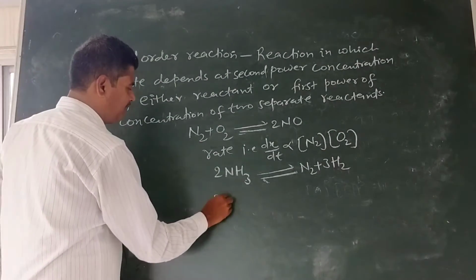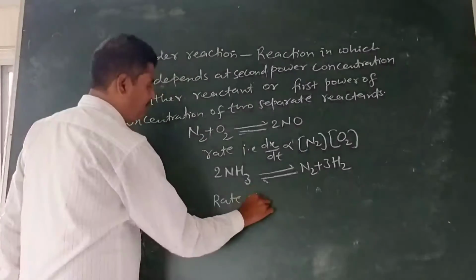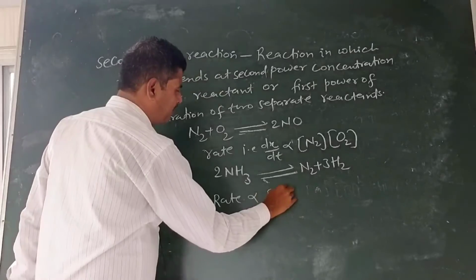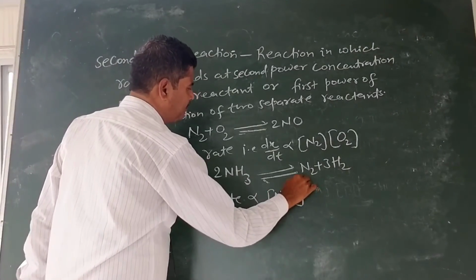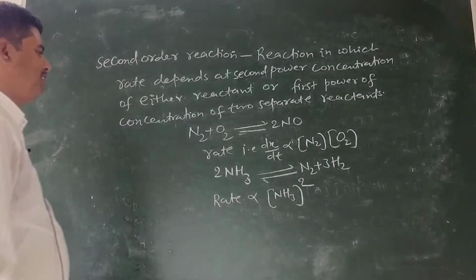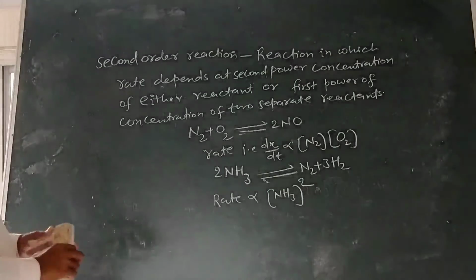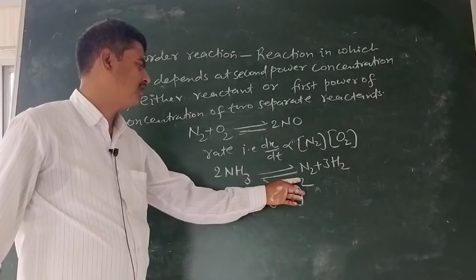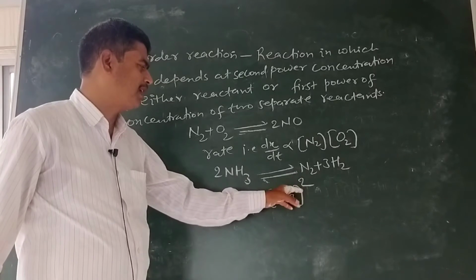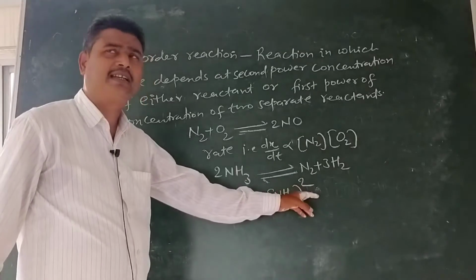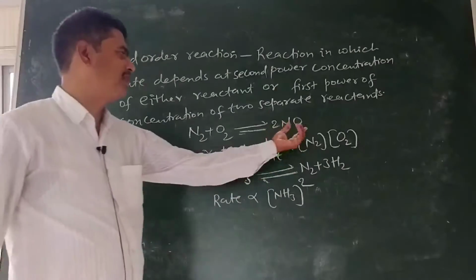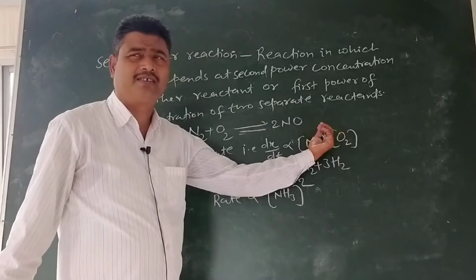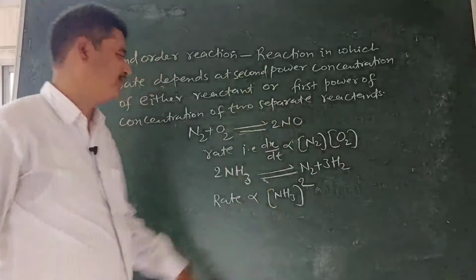So the rate will be proportional to the active mass of ammonia raised to the power 2. So here we get the order of reaction on the basis of the power of the concentration of ammonia directly as 2. And in the other case, the sum of the powers of the concentrations of nitrogen and oxygen, so 1 plus 1, 2.